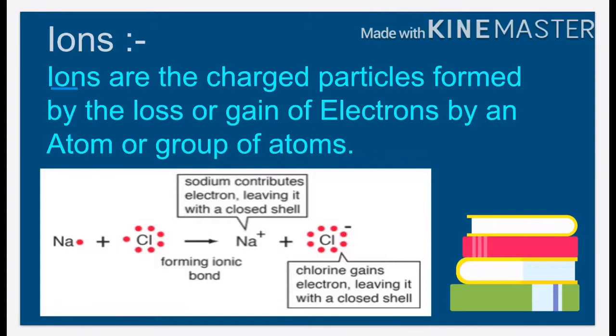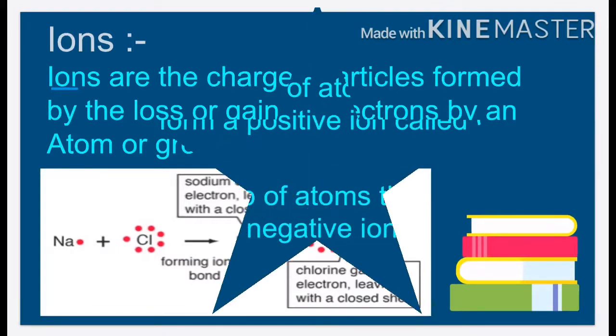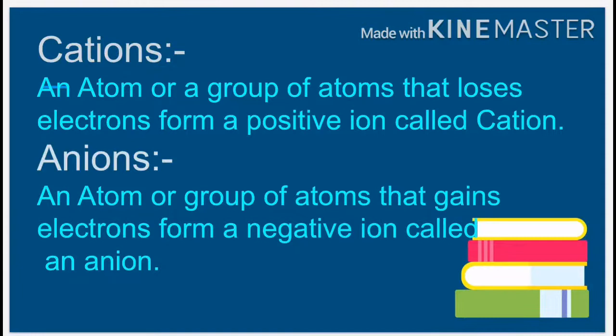So now we will see what anions and cations are. Cations are an atom or a group of atoms that loses electrons and forms a positive ion; after losing electrons they acquire a positive charge. And what are anions? An atom that gains electrons and acquires a negative charge.